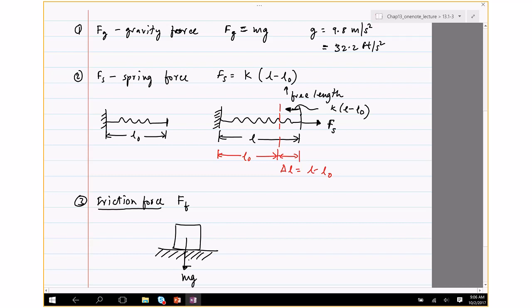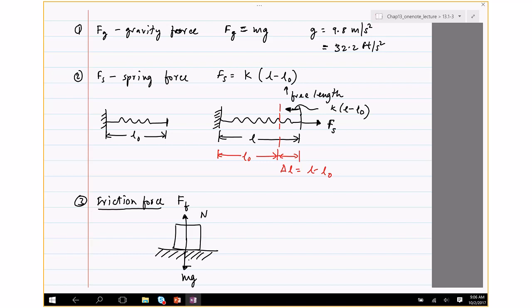When you place a block on the ground, the only force acting in the vertical direction is mg due to gravity. There has to be a force in the normal direction, because if there is no force in the normal direction, then the block would not be on the floor, right? It's not falling freely. It is held onto the ground by a force, which is the normal force.